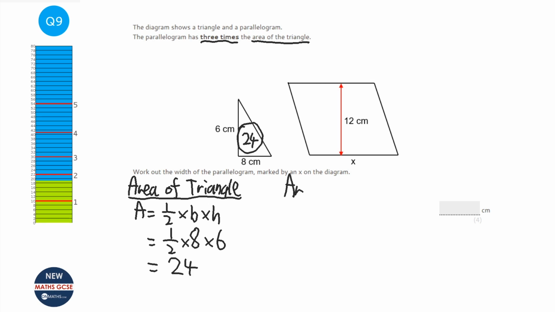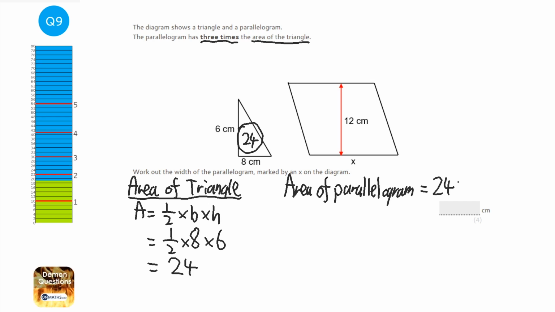So the area of the parallelogram equals 24, which is the area of the triangle, times by 3. Now I know 25 times 3 is 75, so I'll take away 3 from that, it's 72. So equals 72 centimeters squared.